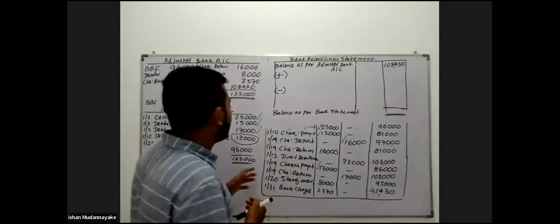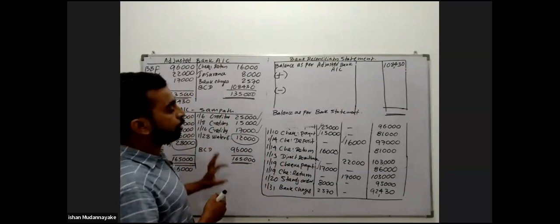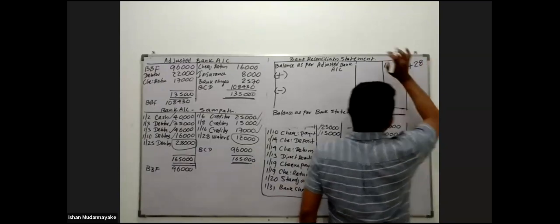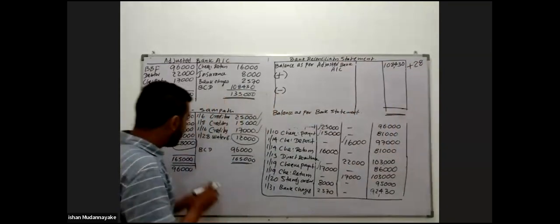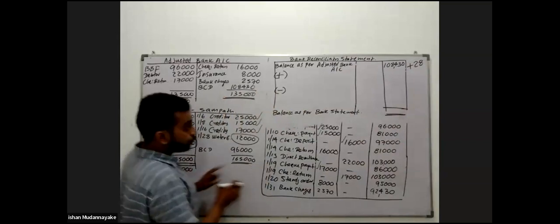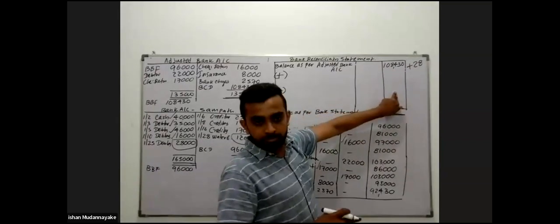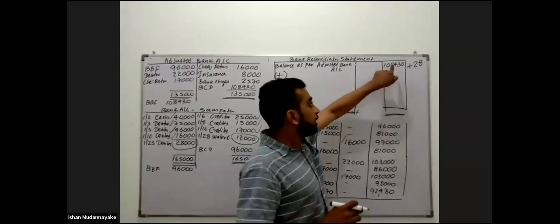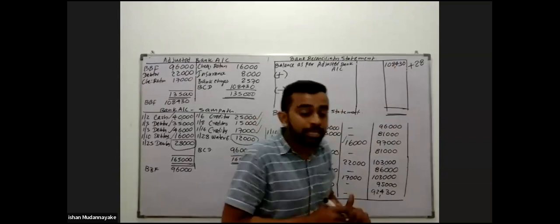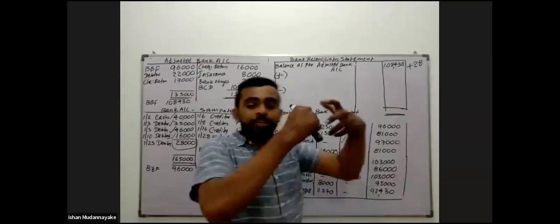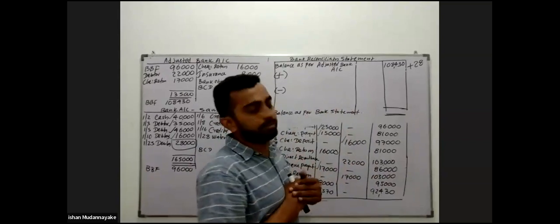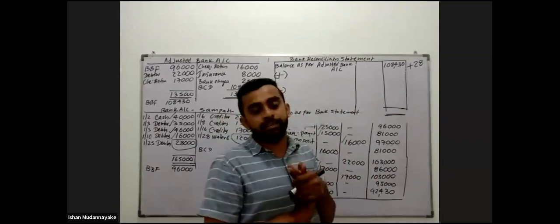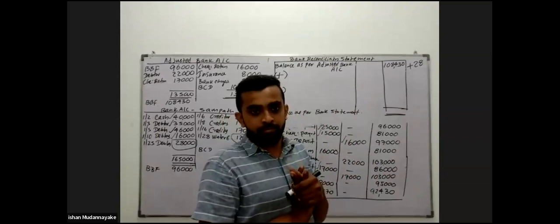But now you can provide reasons for this difference. How to provide? You have added 20,000 to this 108,000, but the bank has not added. I have added 20,000 to my adjusted bank account balance, but still the bank has not added it.